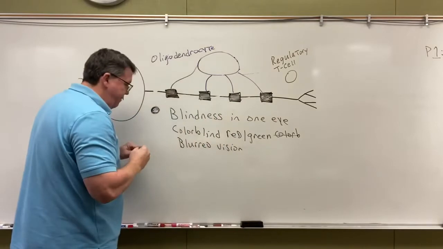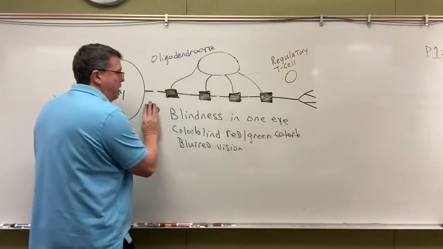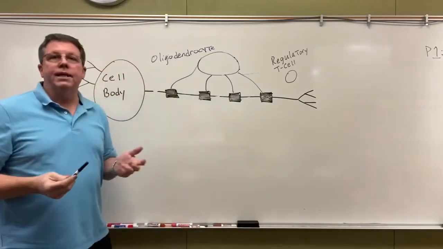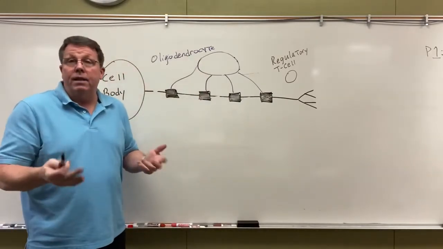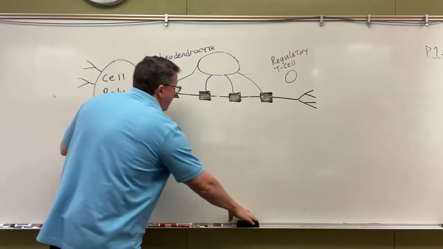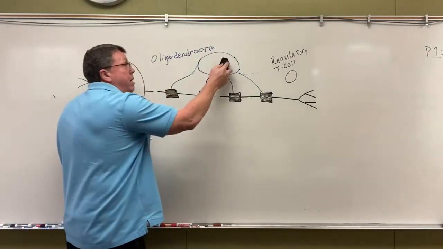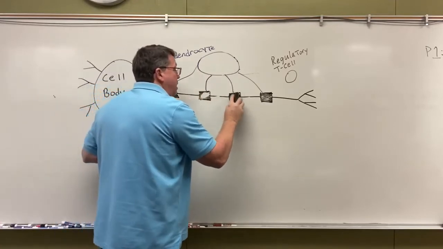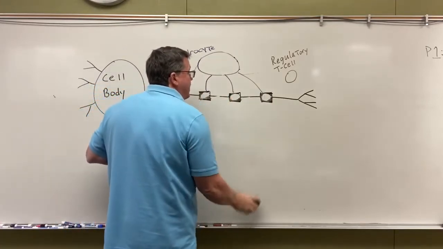Let's say this affects a motor nerve, okay? So let's say it's a motor nerve that's going to basically help my muscles work, right? My legs work. Well, what's going to happen now is we get the damage again, my macrophage is attacking here, and my myelin's getting destroyed.